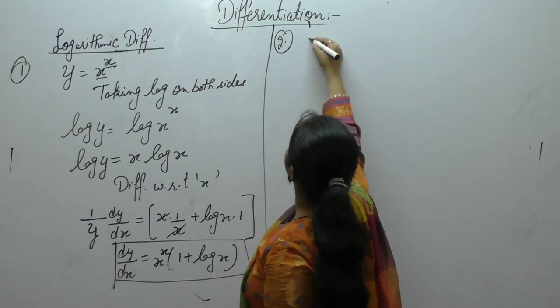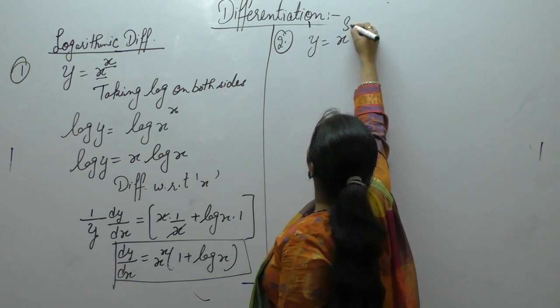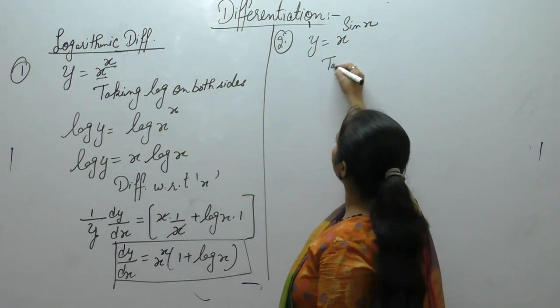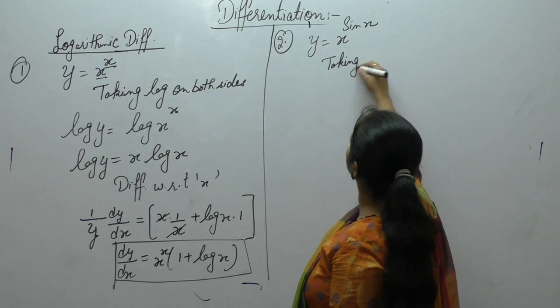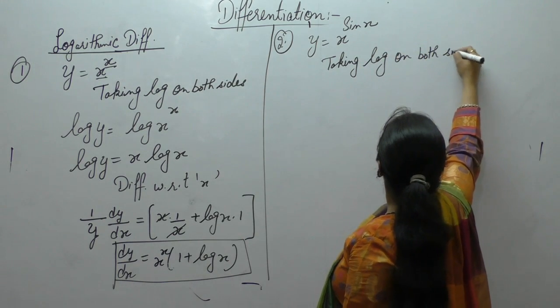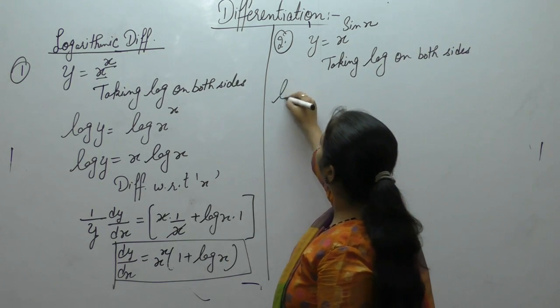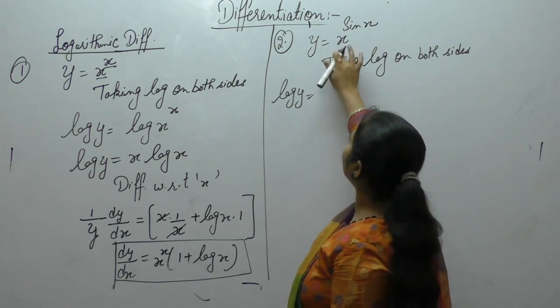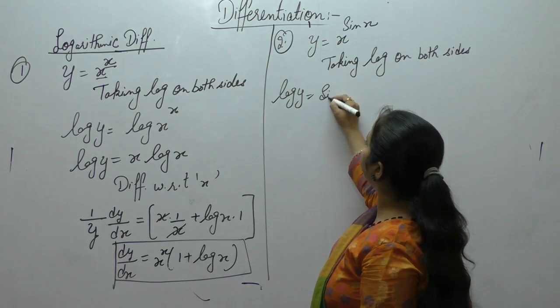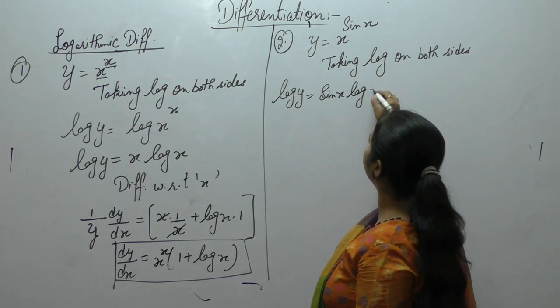Next is y is x power sine of x. Again taking log on both sides, what we get? Log of y equals sine x log of x.